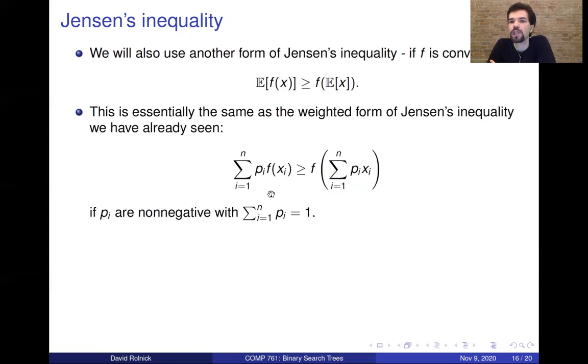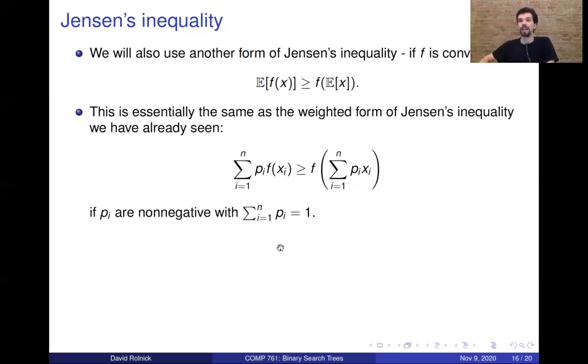The weighted average of the function is greater than or equal to the function of the weighted average. But weighted averages are just expected values. So these are basically the same thing. I mean, you have to worry about if you have infinitely many choices of x_i, and the limit. But basically, this is the same as the thing we've already seen, if the p_i are non-negative and sum to 1.